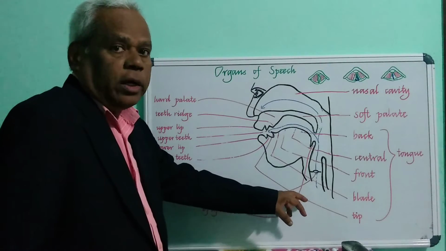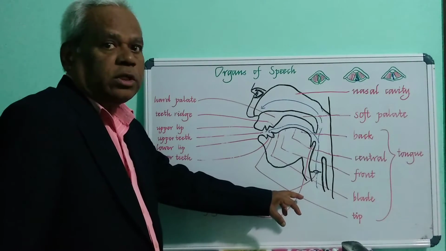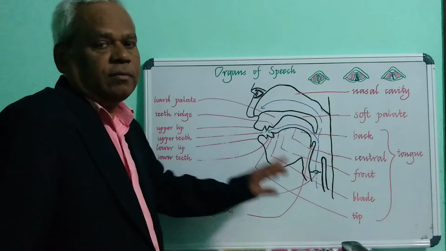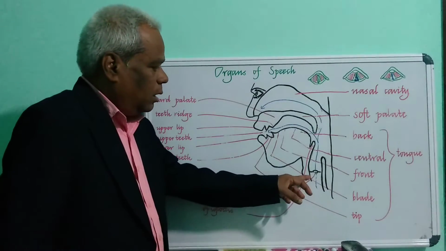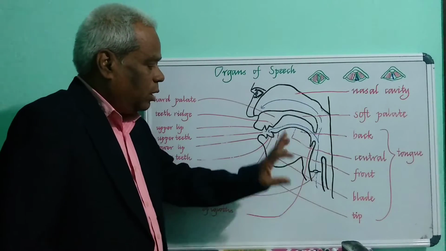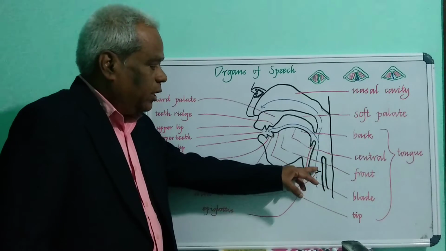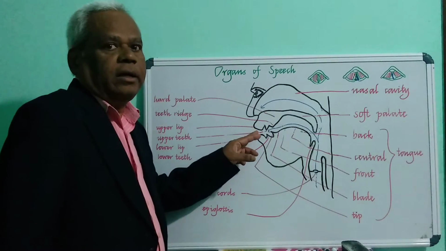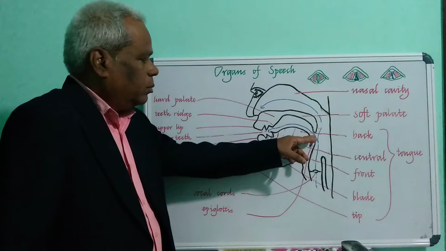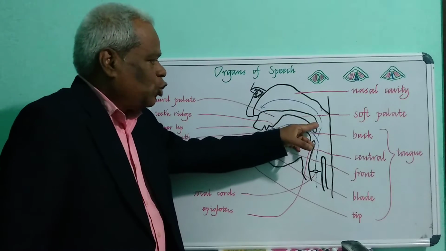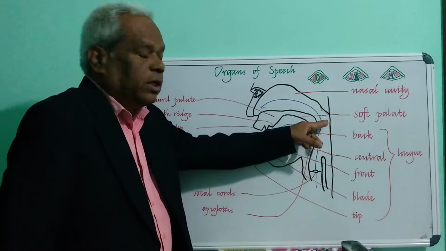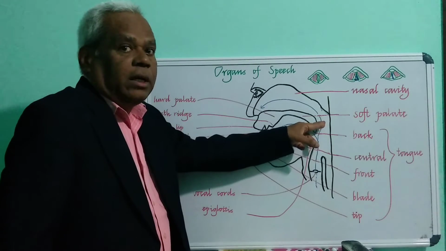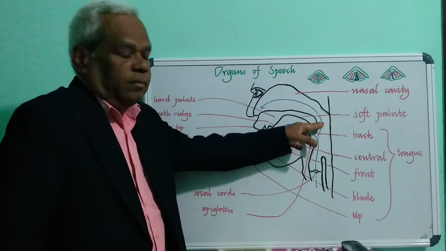Now there are broadly two kinds of sounds, vowels and consonants. For producing vowels, we use the voiced air. Now, the soft palate is raised and the nasal passage is closed.